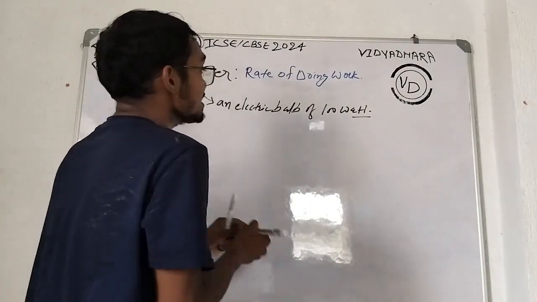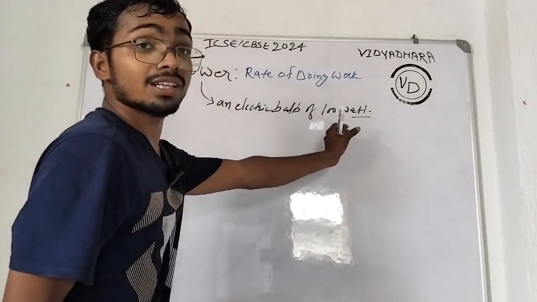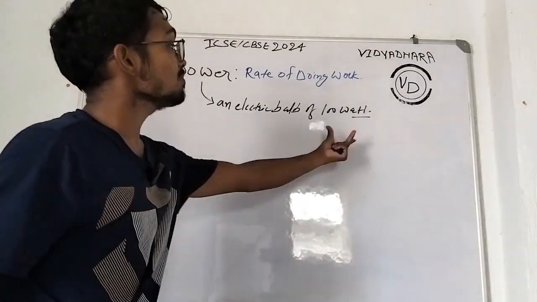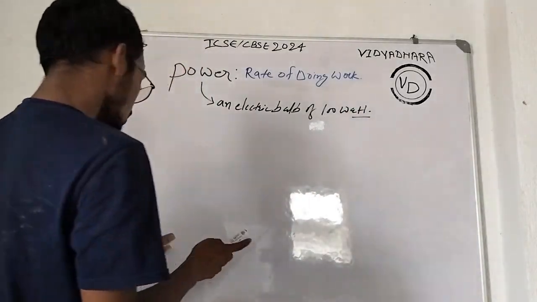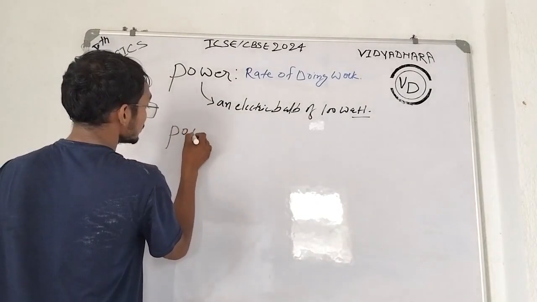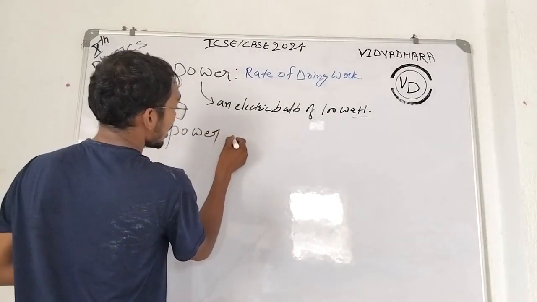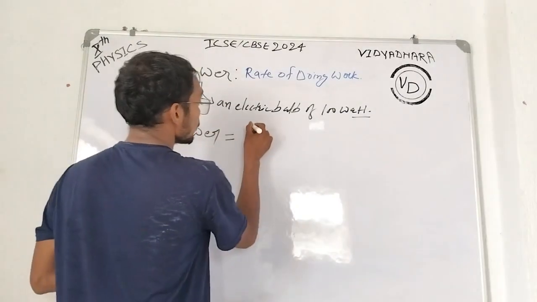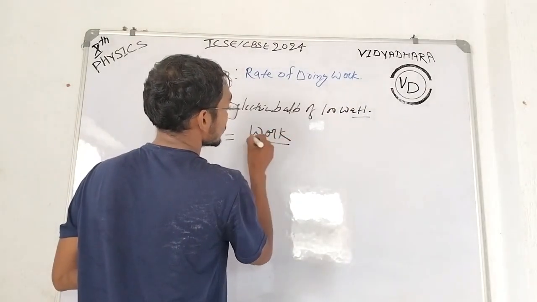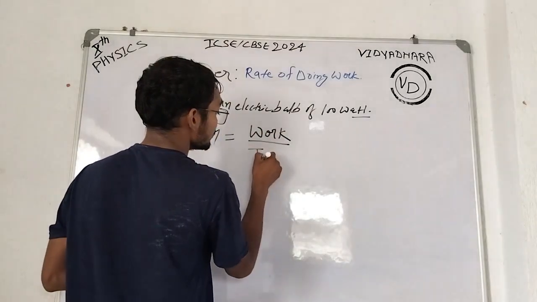So what is the SI unit of power? Now I am describing the watt. How does the watt come? What is the formula of power? Power is equal to work upon time, the rate of doing work.